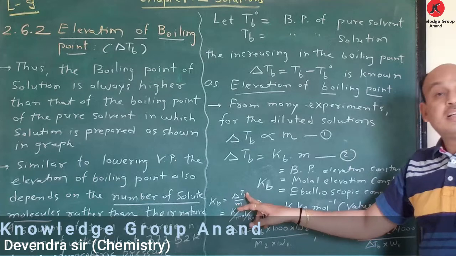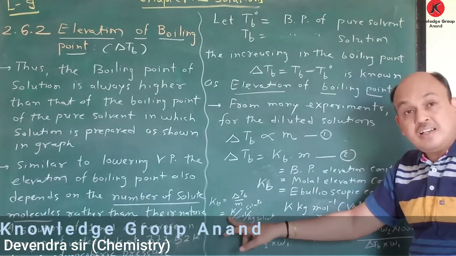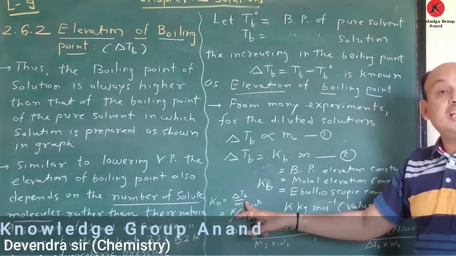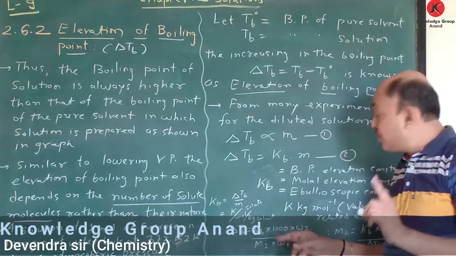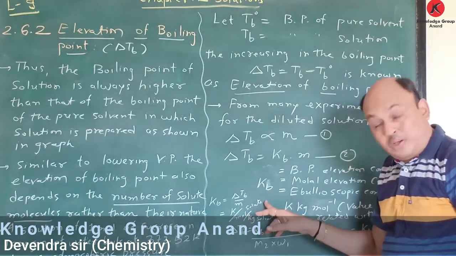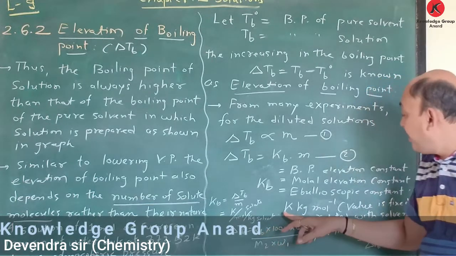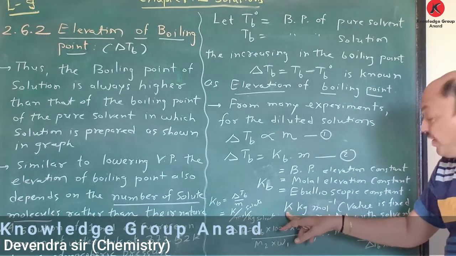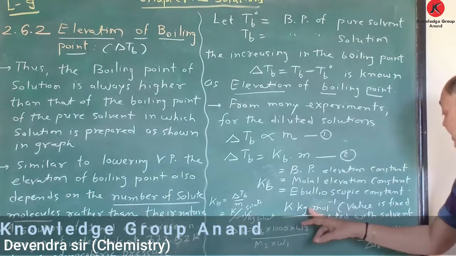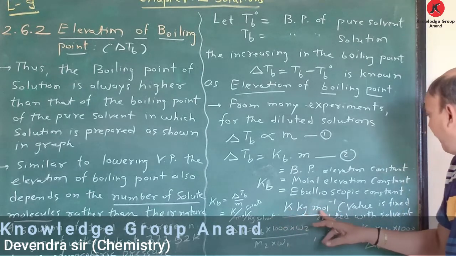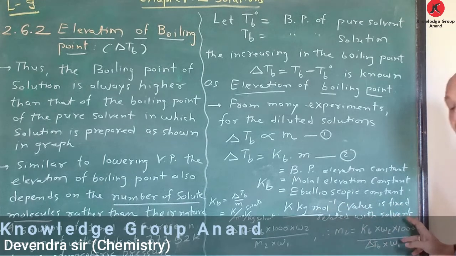Delta Tb is always in Kelvin, because it is the SI unit. So Kelvin per, what is molality? It is the moles of non-volatile solute divided by kilograms of solvent, and that's why the unit is Kelvin kilogram per mole. This is very important. You have to remember this. Kelvin kilogram per mole. The value is fixed for each particular solvent.